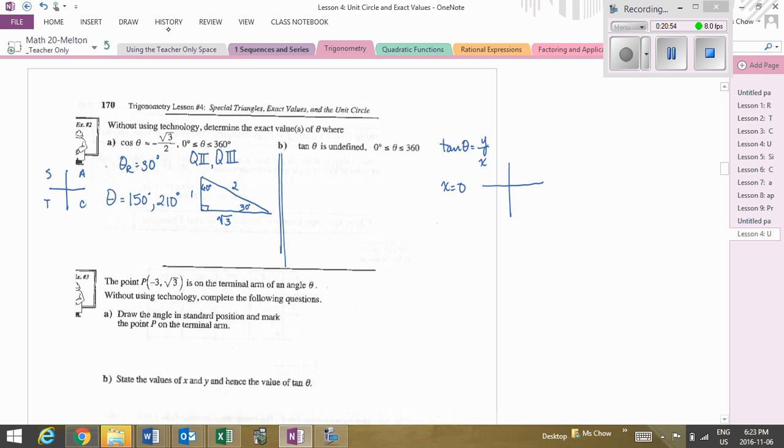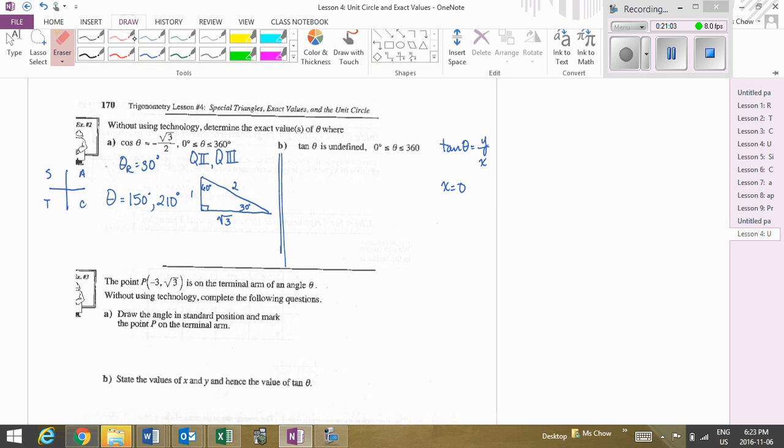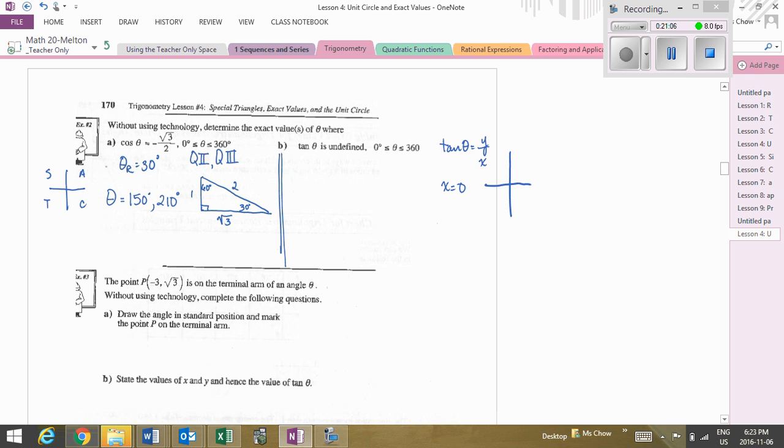That happens when my terminal arm is either on the positive x side or, sorry, got myself mixed up there. We're actually talking about the positive y-axis or the negative y-axis, and that's when we see x equal to 0, y is either equal to 1 or negative 1, and so that tells us that theta must be either 90 degrees or 270 degrees.